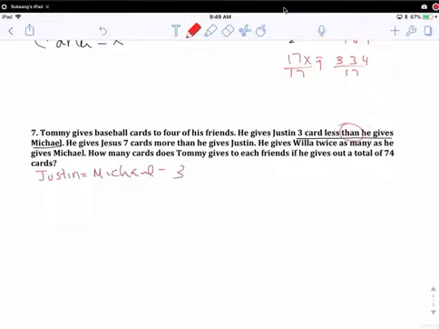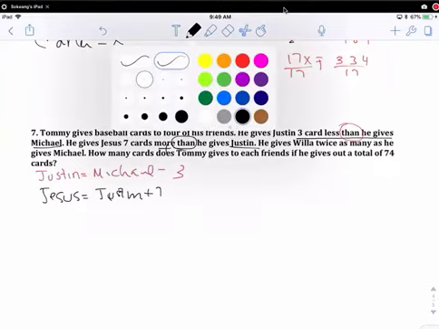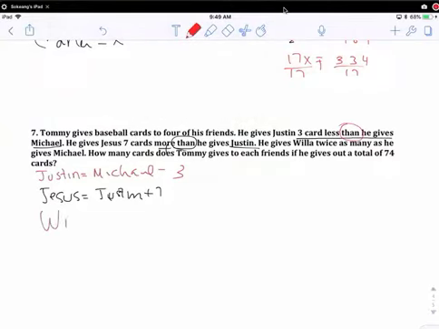He gives Jesus 7 more than Justin. So Justin plus 7. He gives Willa twice, that means 2 times, as many as Michael.